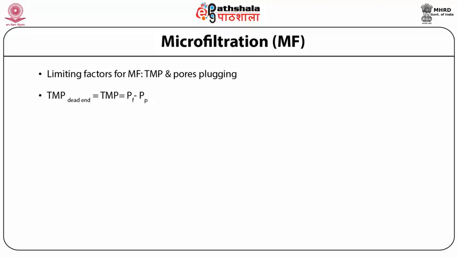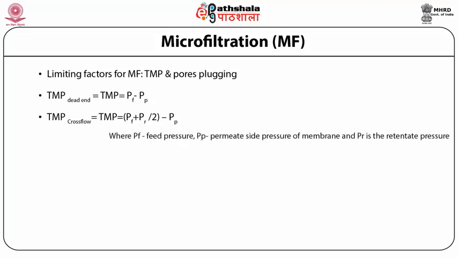So for dead end filtration, TMP equals PF minus PP. But for cross flow filtration, it is given by another formula: TMP equals PF plus PR divided by 2, minus PP. Here PR is the retentate pressure, PF is the feed pressure, and PP is the permeate side pressure.